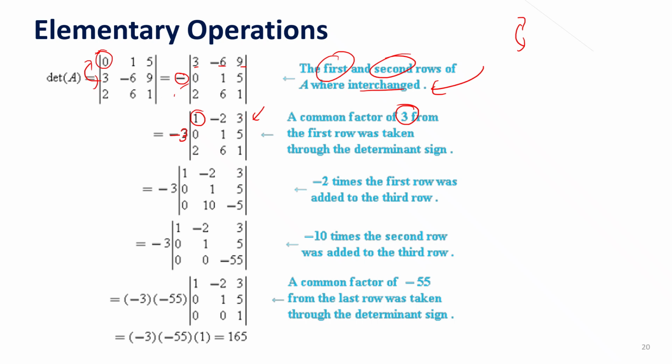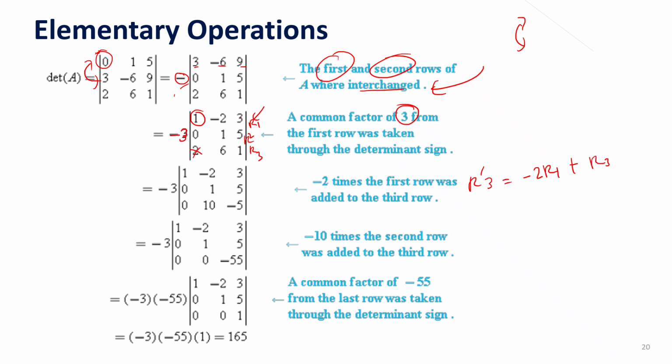Now you want to make this one 0. To make this one 0, how do you do it? The new row 3 will be equal to minus 2 multiplied by row 1 plus the original row 3.